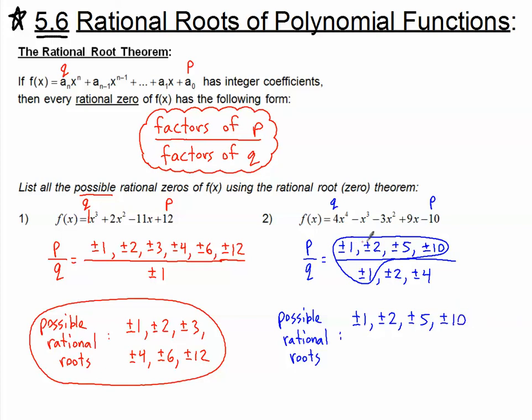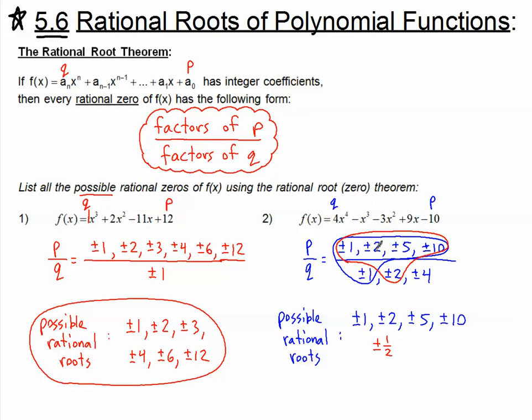I'm going to change colors. What I need to do next is take all 8 of these factors and now divide them by the 2. So I'm going to draw a circle around that. Now I'm dividing by the 2. If you have a different color, maybe that would make more sense. So plus or minus 1 divided by plus or minus 2 becomes plus or minus 1/2.